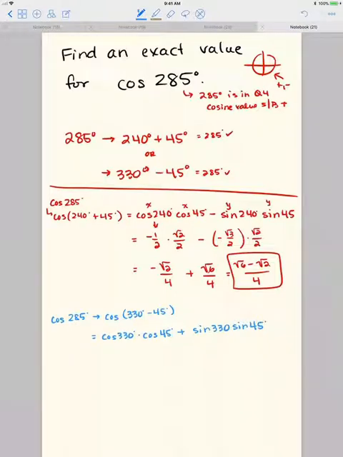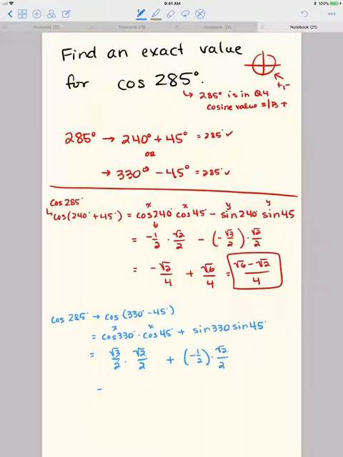So if we pull those values from the unit circle, the cosine at 330 degrees, which is in quadrant 4 at the 11 pi over 6, cosine as an x value pulls positive square root of 3 over 2. Cosine of 45, x-coordinate square root of 2 over 2, plus the sine of 330 degrees, the y-coordinate in quadrant 4 at that angle, so that's negative 1/2. And then the sine of 45 is square root of 2 over 2.